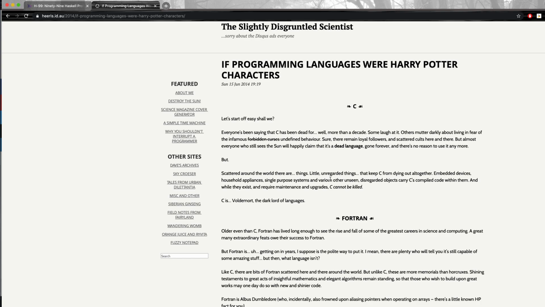And while they exist and require maintenance and upgrades, C cannot be killed. Everyone's been saying that C has been dead for well more than a decade. Some laugh at it, others mutter darkly about living in fear of the infamous undefined behavior. Sure, there remain loyal followers and scattered cults here and there, but almost everyone who still sees the sun will happily claim that it's a dead language gone forever, and there's no reason to use it anymore. C is, of course, Voldemort, the Dark Lord of languages.